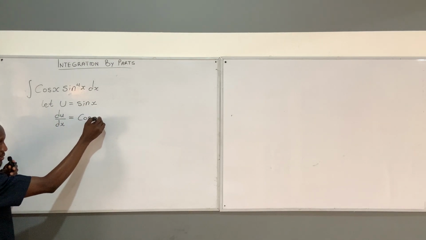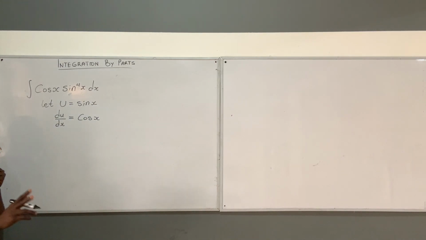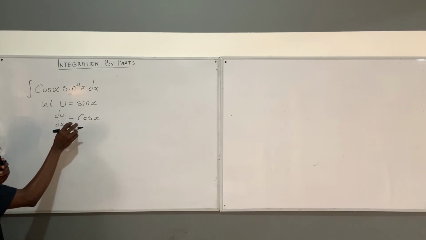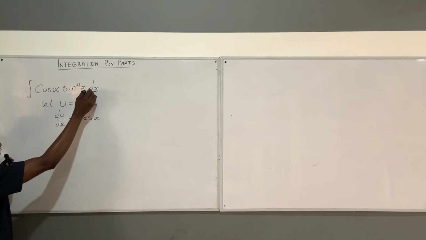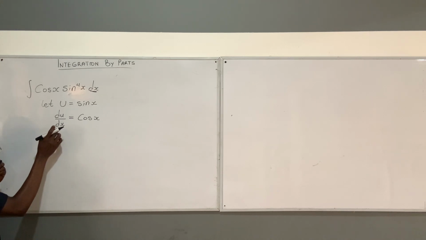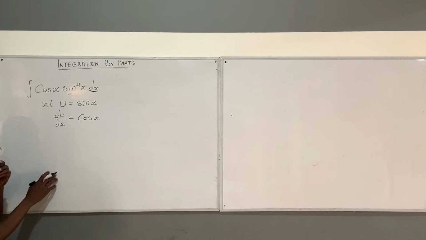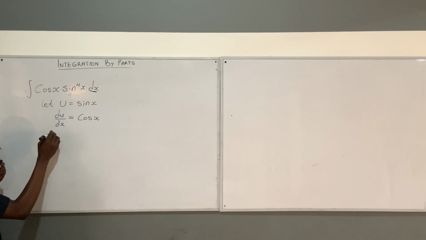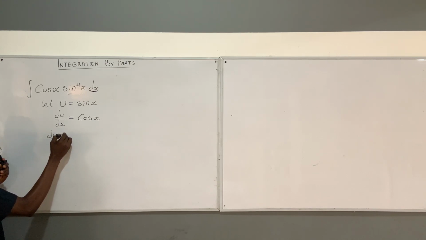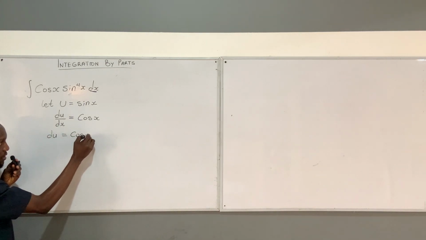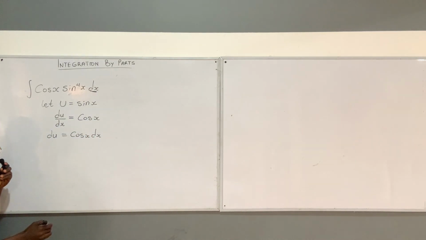Cos x. I'll teach you two ways that you can solve this. The first thing I will do is that because I have the dx here in the function, let me make dx the subject. When I cross multiply, I have du giving me cos x dx.